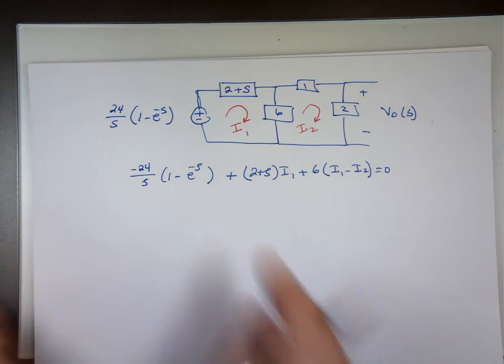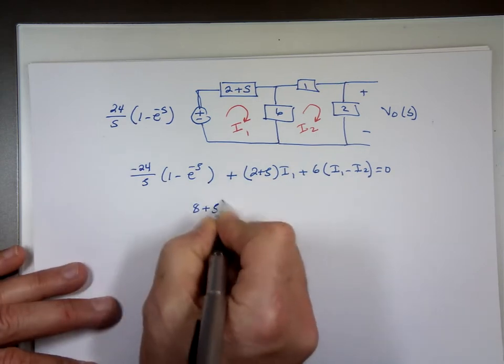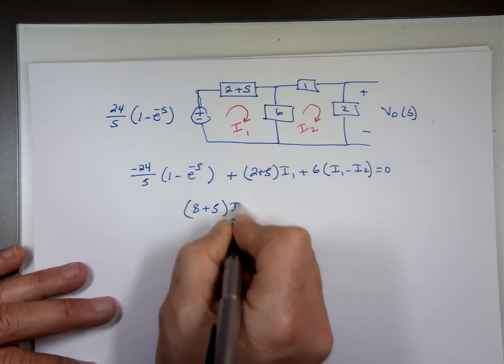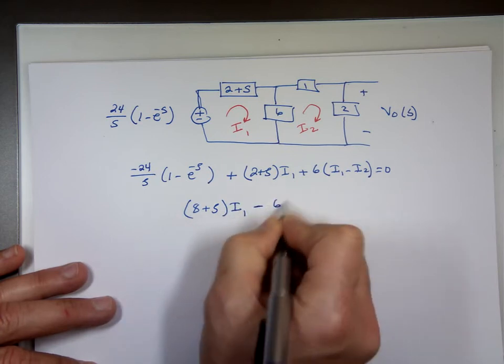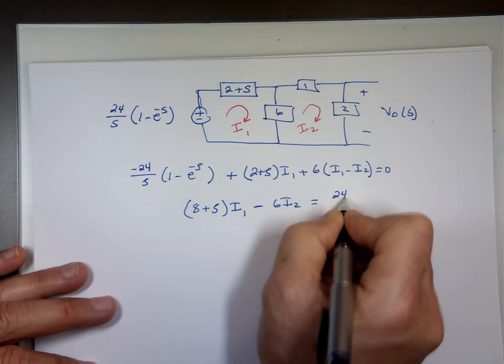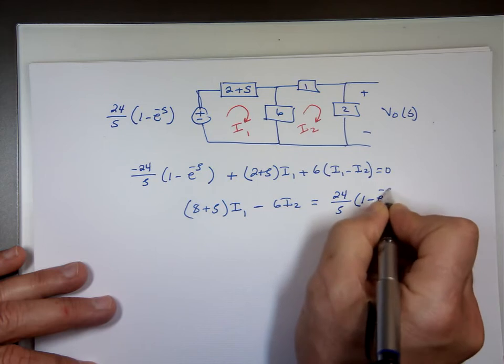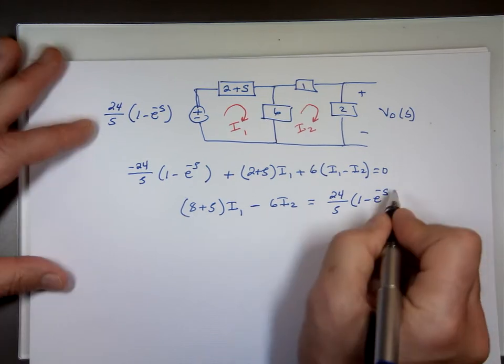Clean it a little bit. 2 and 6 is 8. 8 plus S times I sub 1 minus 6 I sub 2 is equal to 24 over S times 1 minus e to the negative S. That's equation number 1.